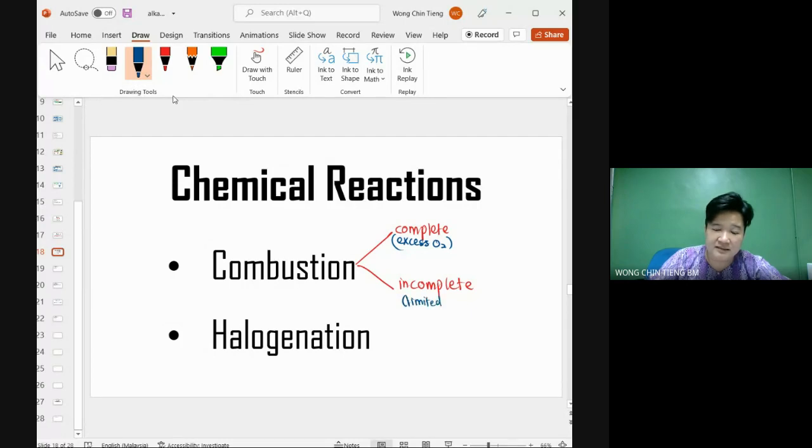What is the other differences of these two combustion? You learn it in your SPM, right? Come on guys, come on Aina. Bagi tips dia adalah produk.